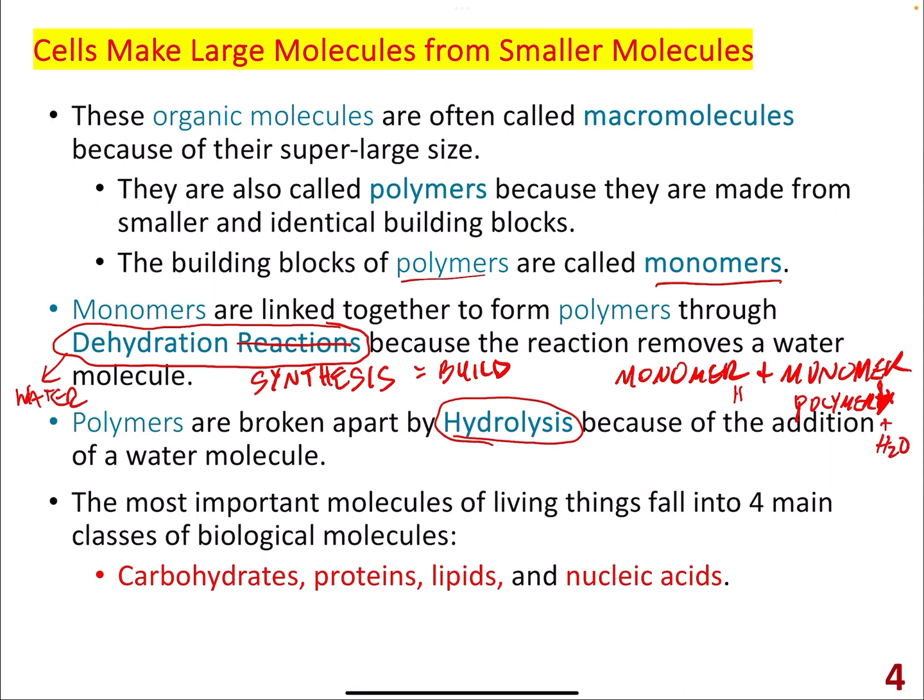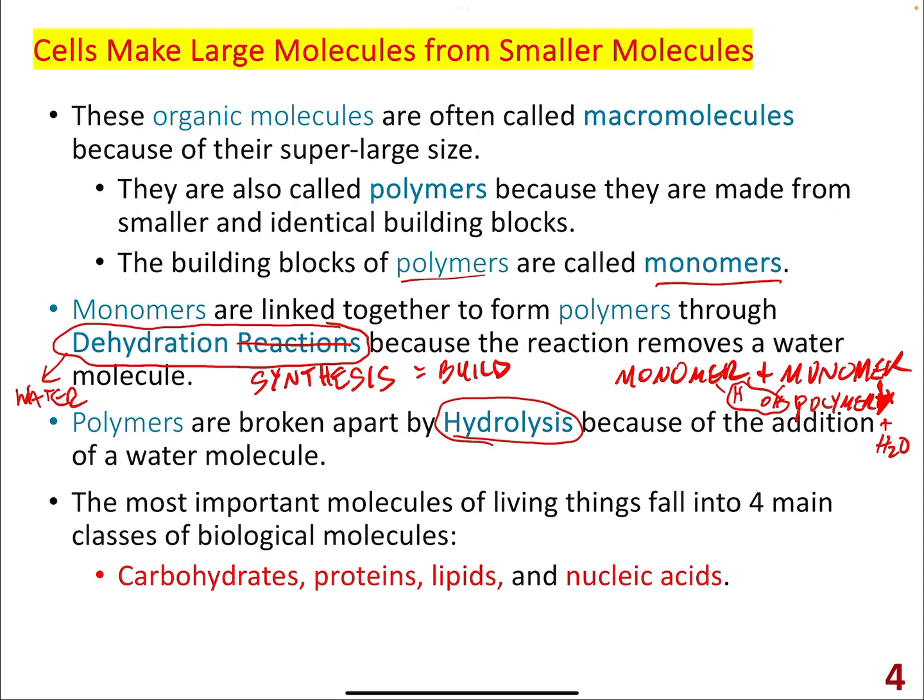So it's going to take an H out of that one, it's going to take an OH out of that one, and put those together and throw away a piece of water in order to make a polymer. Boy, I really squished that into a corner there, but you get the idea. Monomer and monomer reacting together, they have to remove one water molecule combined between the two of them in order to make a new product of a polymer.